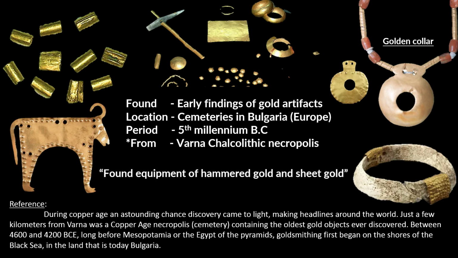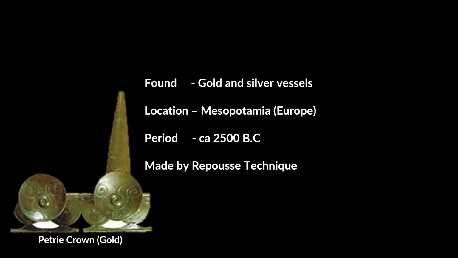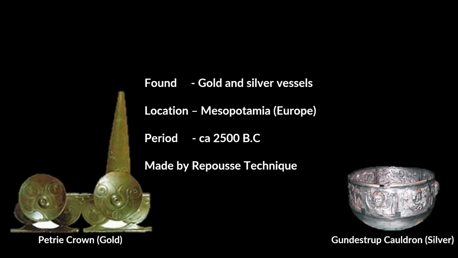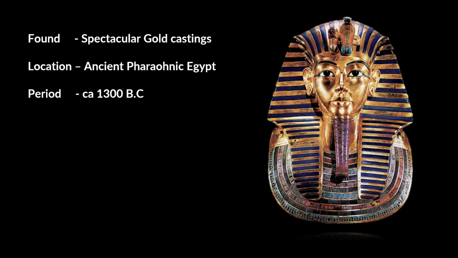The gold and the silver vessels were found in Mesopotamia of Europe in 2500 BC. The spectacular gold castings were found in ancient Pharaonic Egypt in 1300 BC.